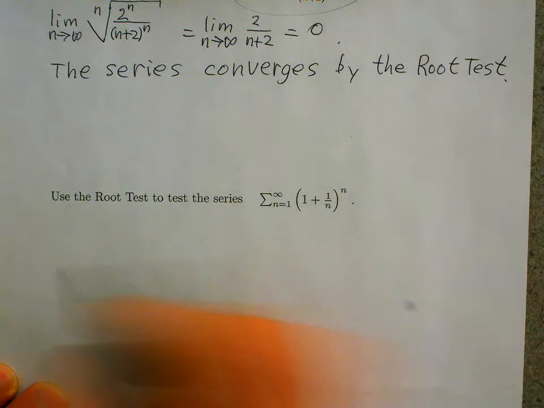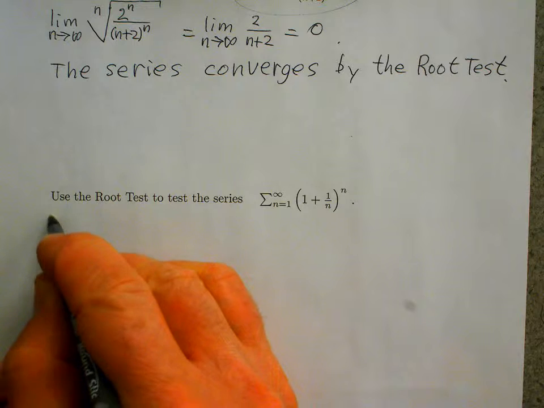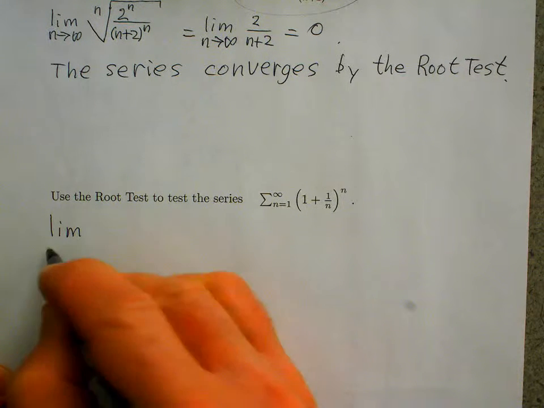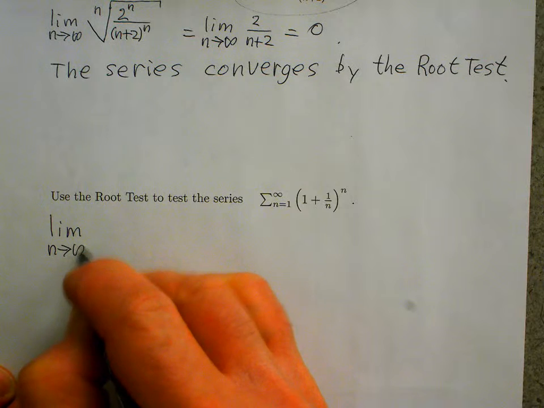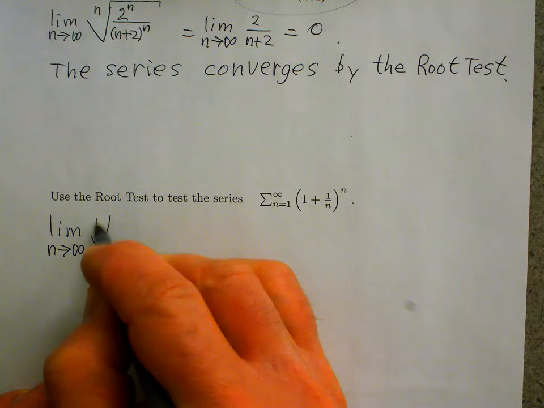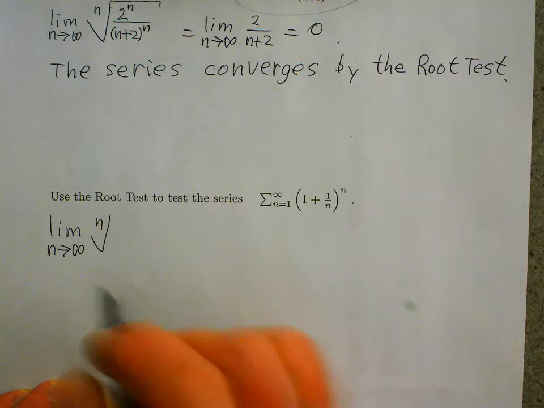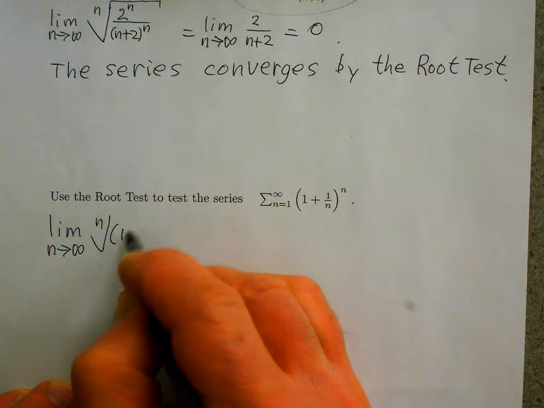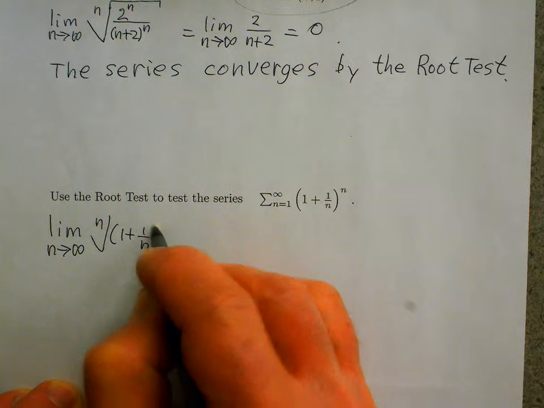Okay, so the root test: the limit as n approaches infinity of the nth root of the absolute value. These are all positive, so we don't need the absolute value. (1 plus 1 over n) to the n.